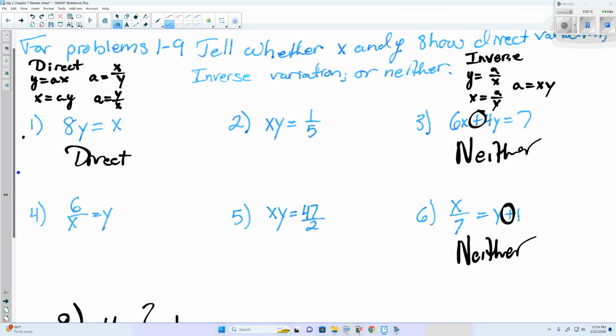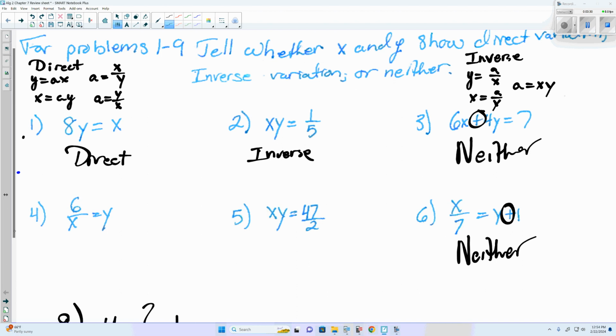Now let's look at number 2. It would indeed be inverse, because it matches up to our a equals x times y. We got number 3 already.